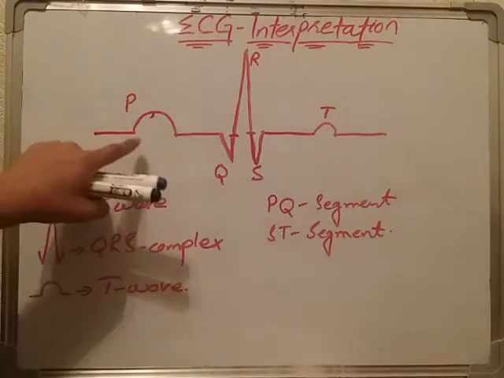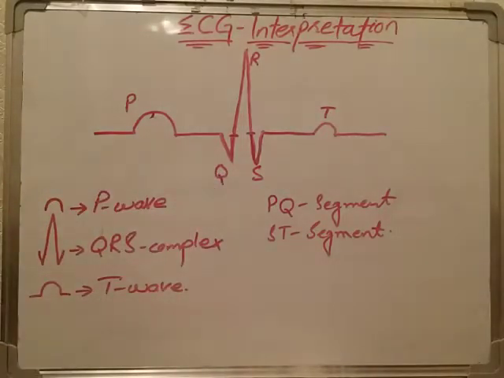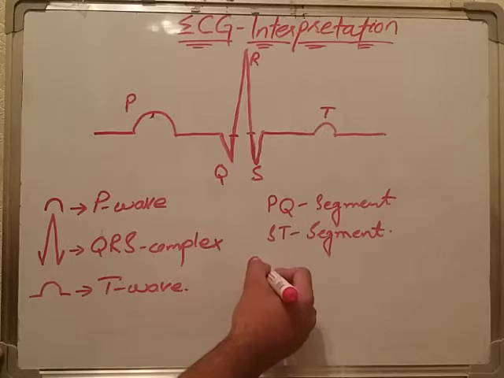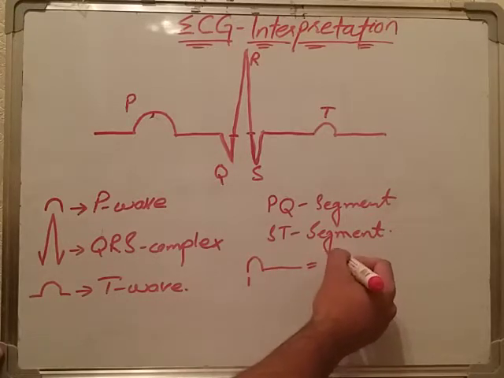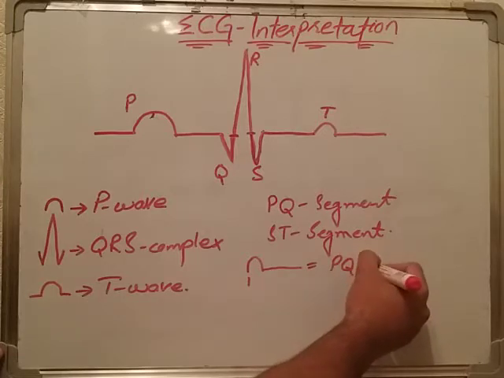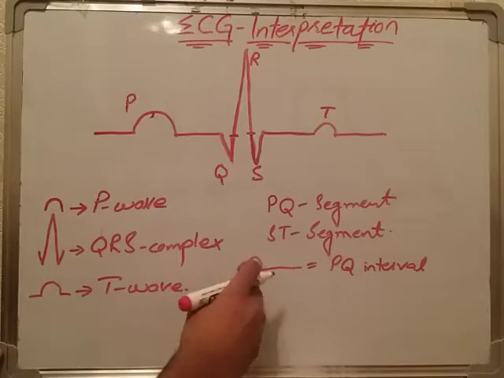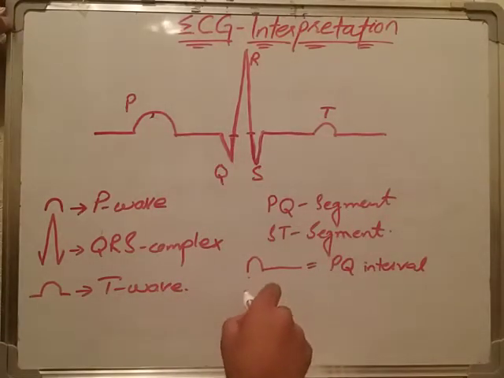And the wave along with the segment we call an interval. So this is the PQ interval, and from here to here, ST, we can say QT will be good if we include all.